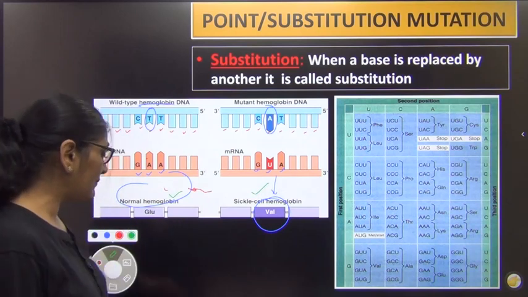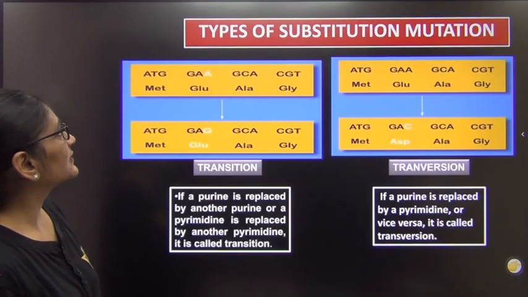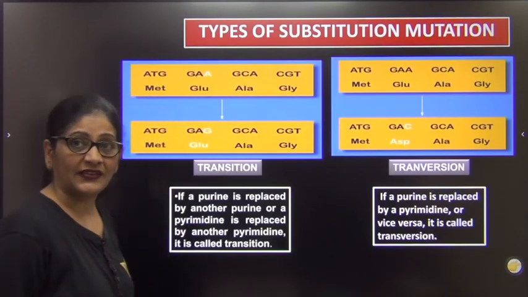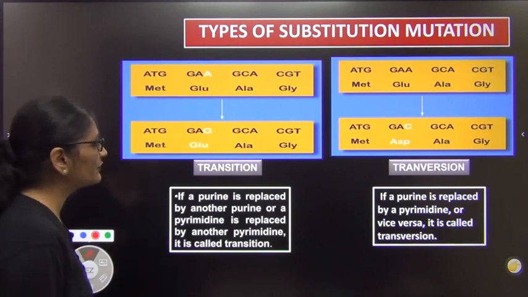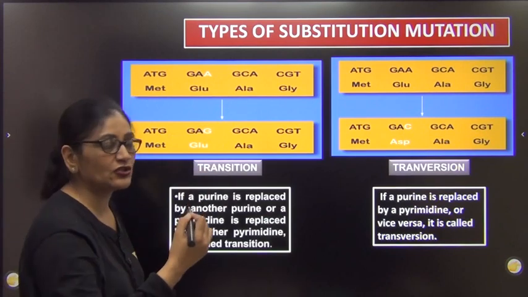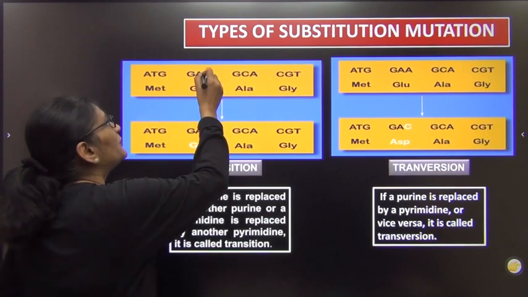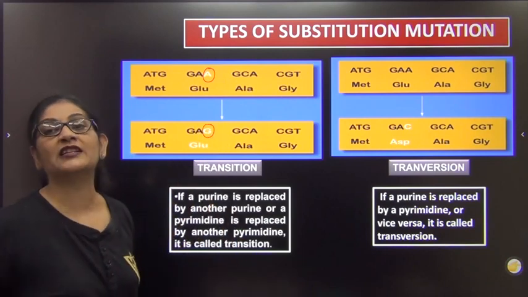Now, there are many types of substitution mutation. Let us see them. First one is called transition and the other is called transversion. What is transition? Transition is that type of point mutation or substitution mutation where a purine is replaced by a purine or a pyrimidine is replaced by a pyrimidine.